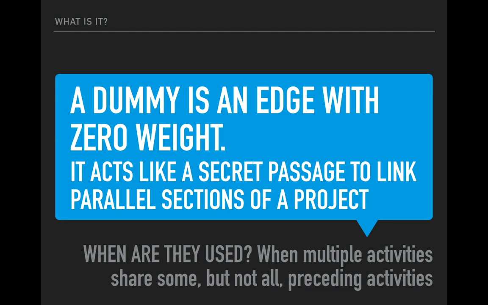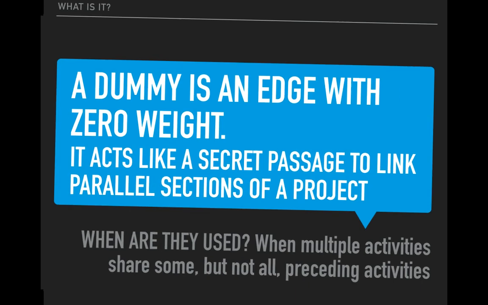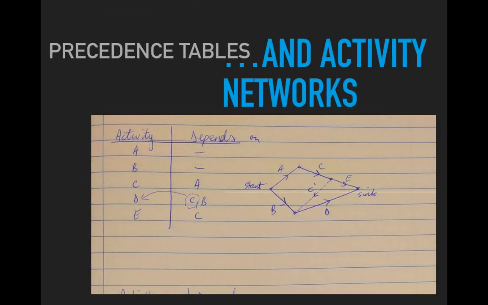And while that text on the screen there is very useful, it may not make any sense until you see the following. So we have an activity network on the left, an activity network on the right, and a precedence table on the left. And I just want to draw your attention to the following. In the row with activity D, we see that activity D depends on C and B being completed before it can start.